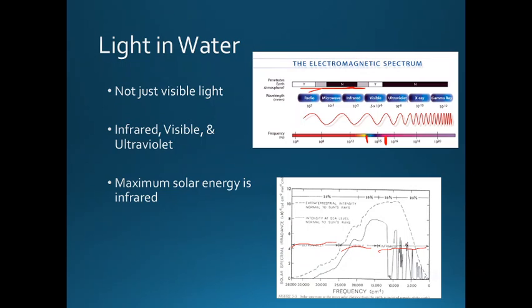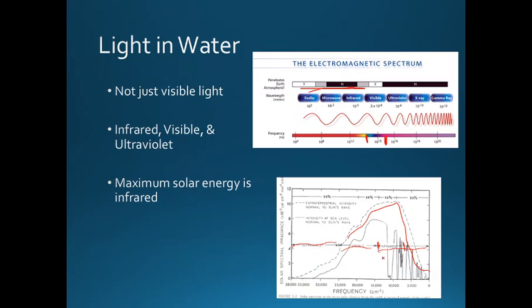If you were to take a spaceship and go outside of the atmosphere, this dotted line is what we would see for what the sun actually gives off, right? What we can see is the peak of that is in the shorter infrared wavelengths. But then this solid line is what we get at sea level.